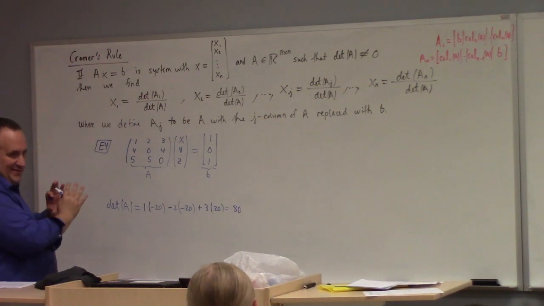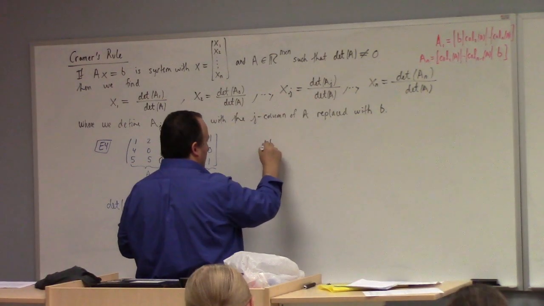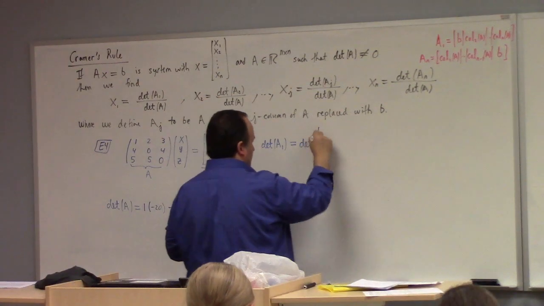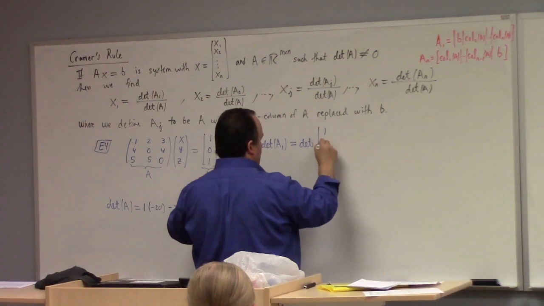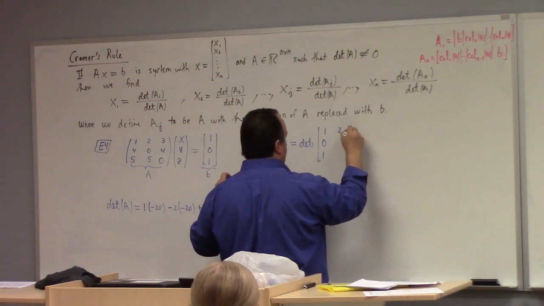We only need to do that once, right? The determinant of A1, what's that equal to? We're talking about the determinant of 1, 0, 1, and the other two columns stay the same.